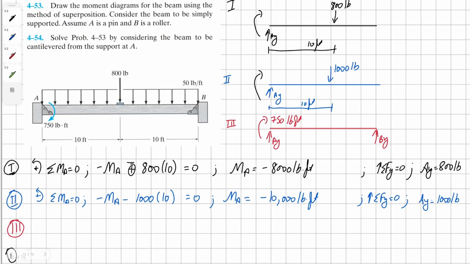One thing I forgot to mention that we need to solve this problem is that we have to recognize that because there is this 750 moment on this beam, in case 3 there is going to be a force By.